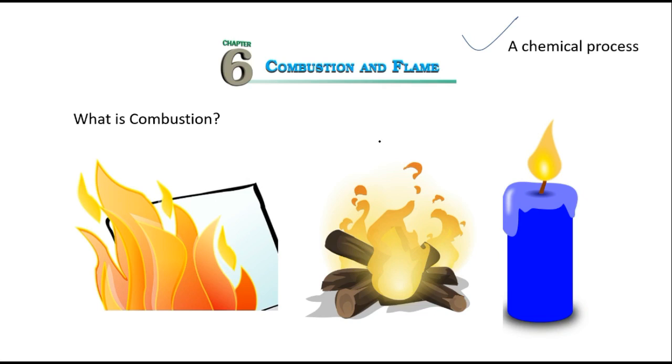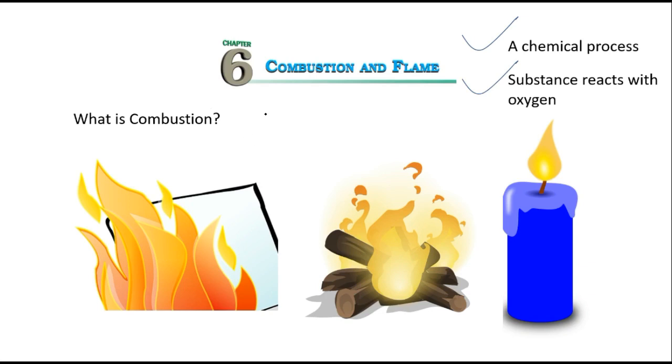Then, the second very important point: during combustion, a substance, let's say substance A or substance B or substance C, reacts with oxygen. So combustion is a process where a substance reacts with oxygen.